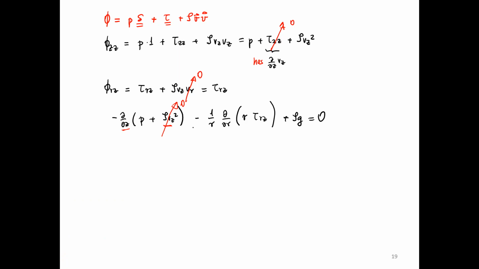And when we figure out minuses in this, we have that 1 over r ddr of r tau rz is equal to minus dp dz plus rho g. We will often refer to this as flow potential, or in terms of a flow potential.